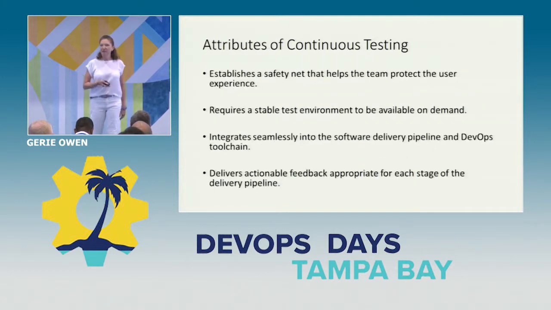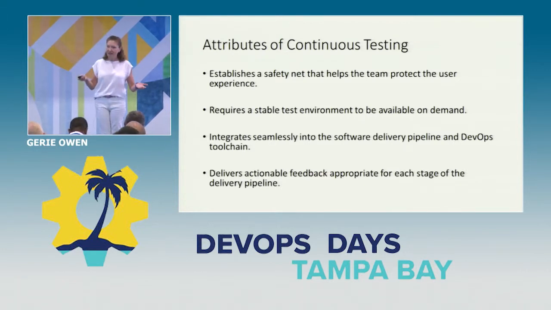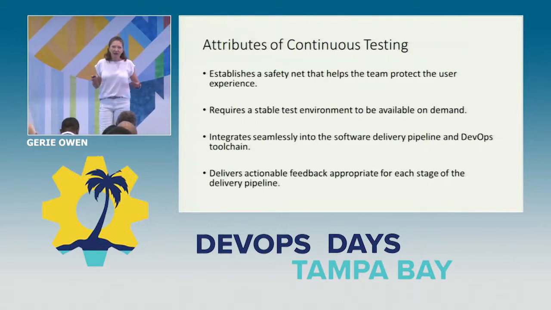So what are the attributes? Well, continuous testing builds a safety net that helps the team protect the user experience. Andrew Clay Schafer talked about digital transformation. Well, quality is the foundation for digital transformation.